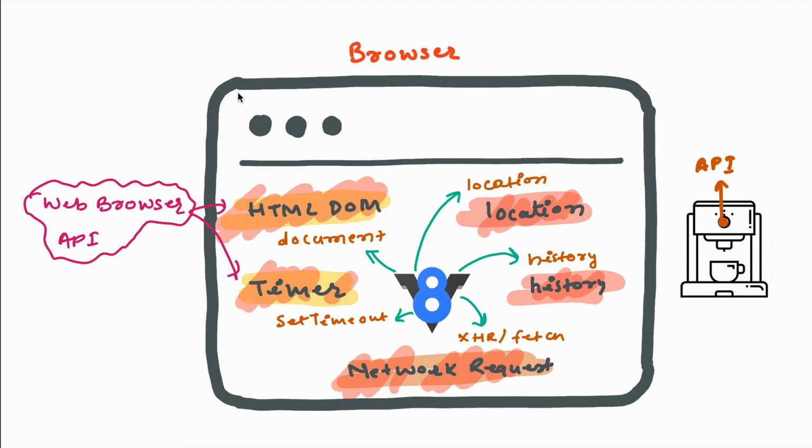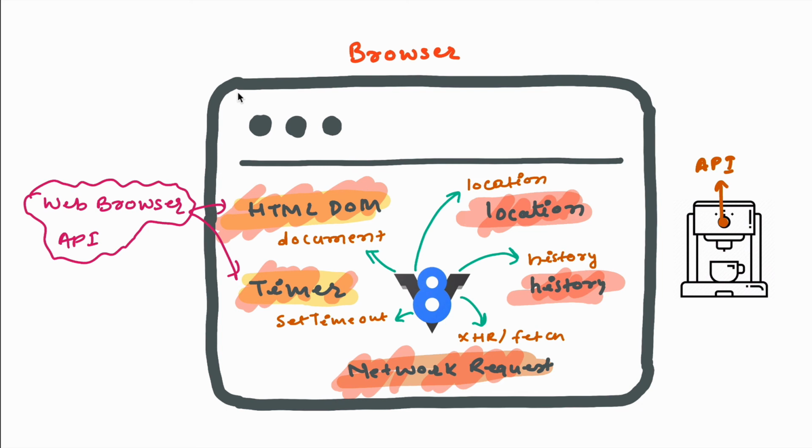So in this way, we got to understand that the browser consists of a lot of other features other than just JavaScript. And the browser provides an API. You can also call it an interface through which JavaScript can interact with them. So the interfaces are like document, setTimeout, XHR.